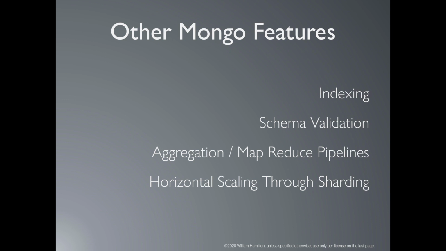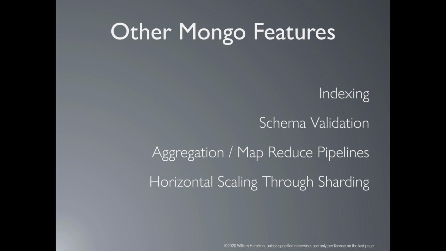But I do want to bring up what some of these other features are. So have people heard of big data before? This is a hot buzzword in computer science. Mongo is probably not the number one tool that you would want to use for it, but it does have some of the features that you would typically find in a big data type package.